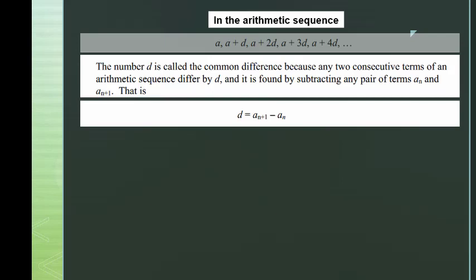So the common difference in any sequence can be found by getting a term and subtracting its previous one.